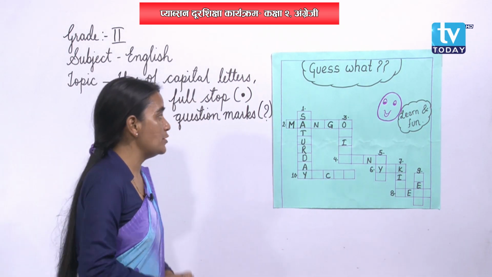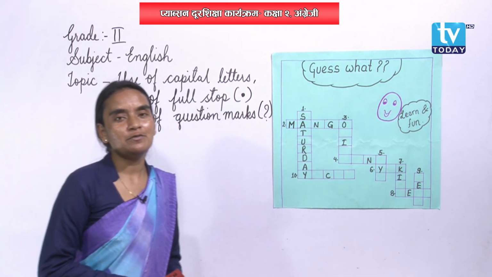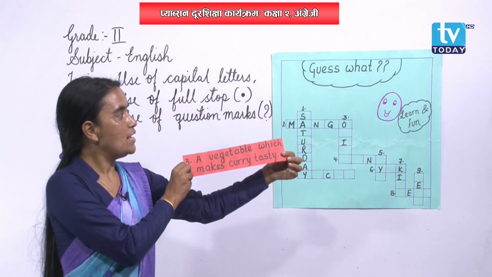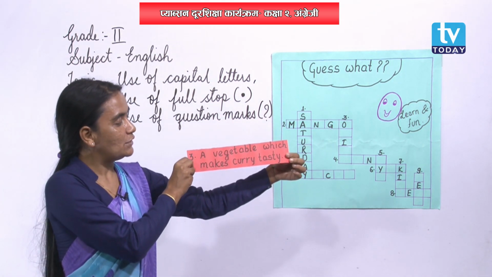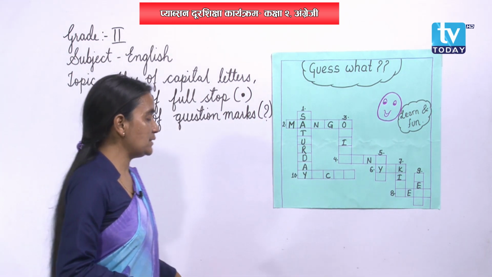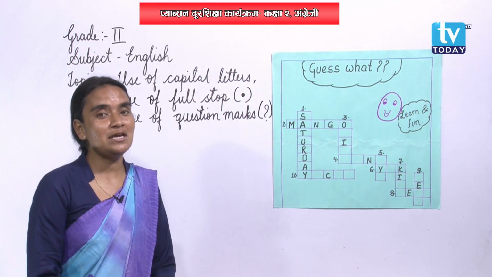Now the third word, number 3, odd number. So, we are going from top to bottom. Now here we have, children, the name of the vegetable which makes curry tasty. To add better taste in curry, we use that vegetable.